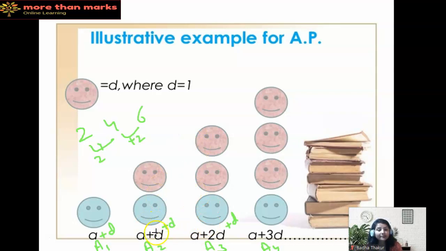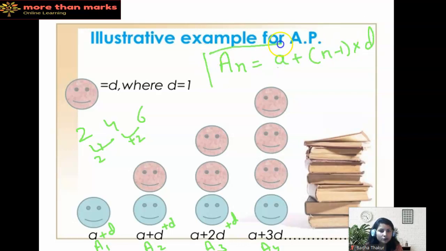From these patterns we observe that if you want to find the nth term, like the 50th term, the 1000th term, the lakh-th term of the same series, then what is your identity, your formula? Small a represents the first term, so it becomes a plus n minus 1 multiplied by d.